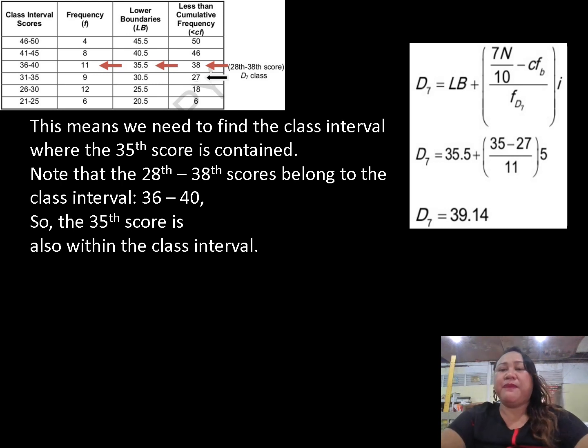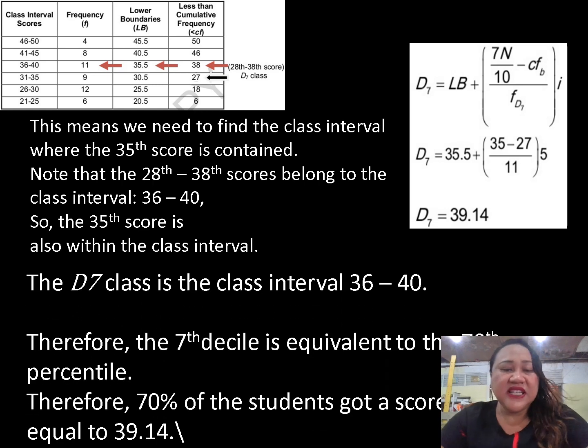So 35.5 plus (35 minus 27) over 11 times 5 is equal to 39.14, which is D sub 7. So the D sub 7 class is the class interval of 36 to 40. Therefore, the 7th decile is equivalent to the 70th percentile. Therefore, 70% of the students get a score of equal to or less than 39.14.